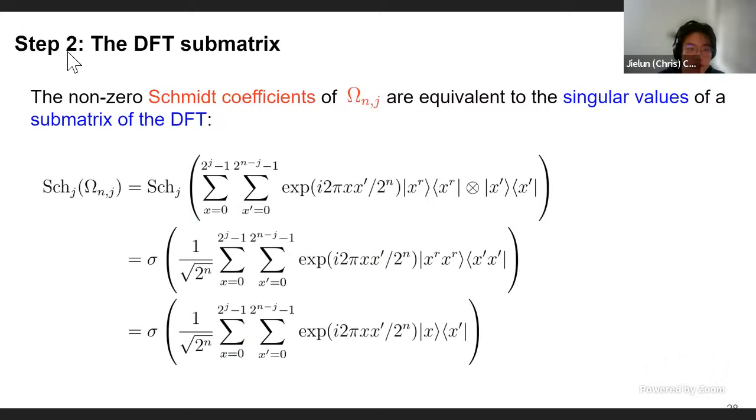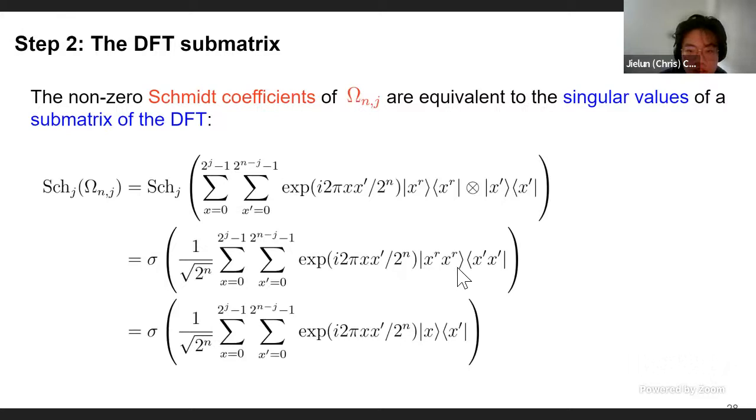Let's now take a look at step 2, which is how this is related to the submatrix of the discrete Fourier transform. The non-zero Schmidt coefficients of Omega nj are equivalent to the singular values of a submatrix of the DFT. When we calculate the Schmidt coefficients, it's basically computing the singular values of the reshaped matrix of this operator. We combine these two into a single ket, and these two into a single bra.